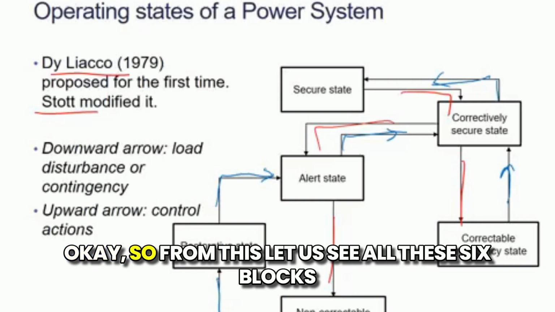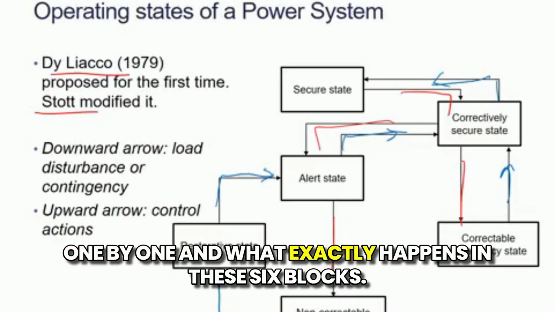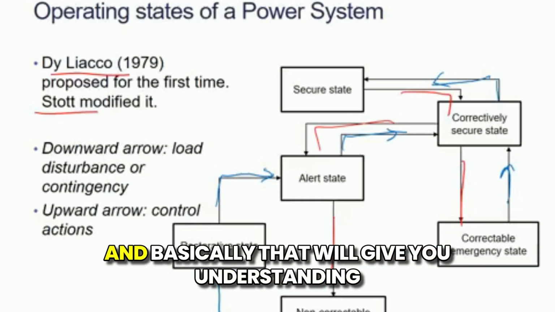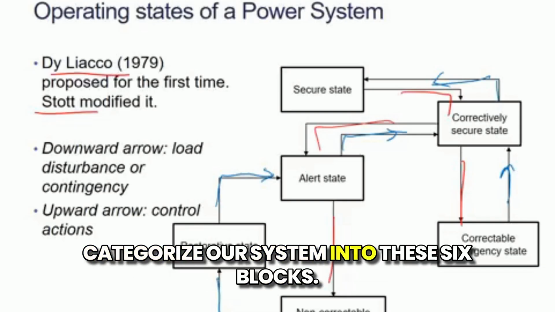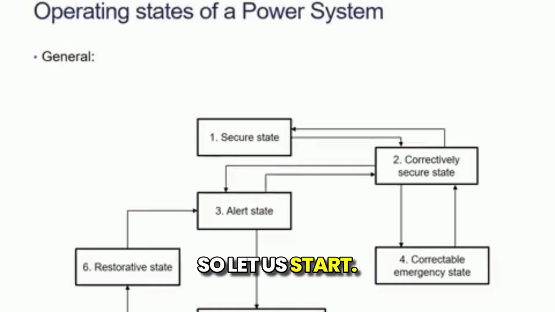Okay, so from this, let us see all these 6 blocks one by one, and what exactly happens in them. That will give you an understanding of the criteria by which we categorize our system into these 6 blocks. So let us start.